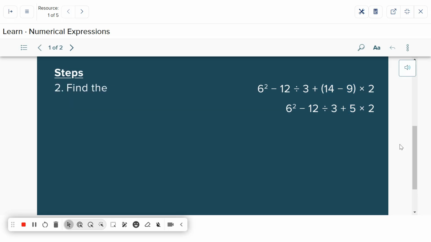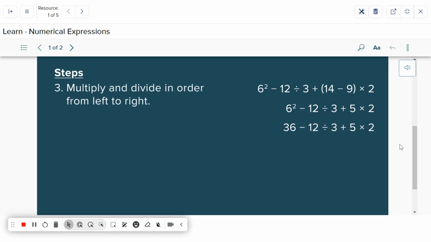Next, find the value of all powers. 6 squared is 36. Then multiply and divide in order from left to right. Start with the leftmost operation first, division. 12 divided by 3 is 4. Then multiply. 5 times 2 is 10.